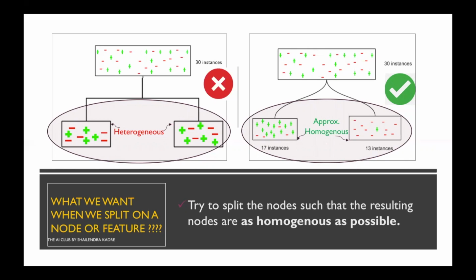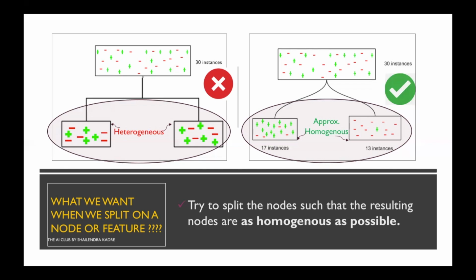Coming back to the right side, in both the boxes, the parent node, the root node, has the same number of both the classes, plus and minus.